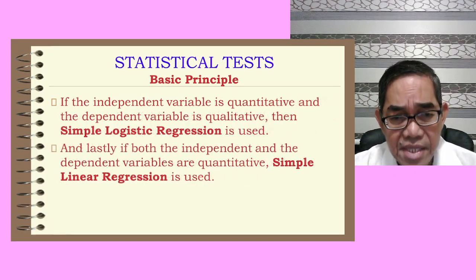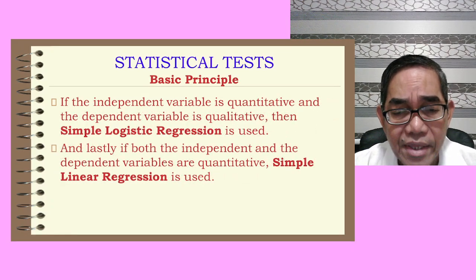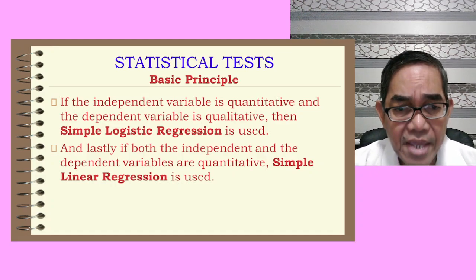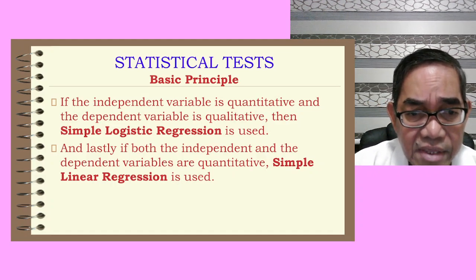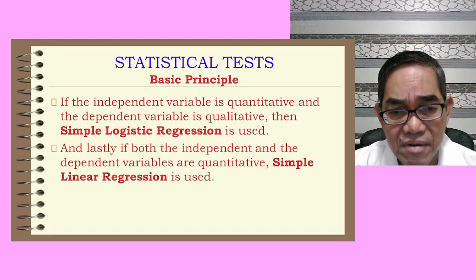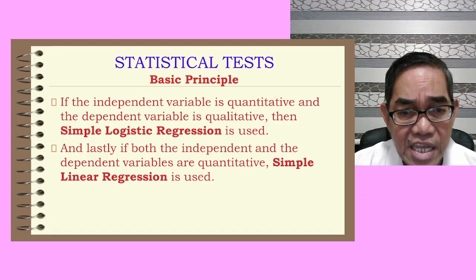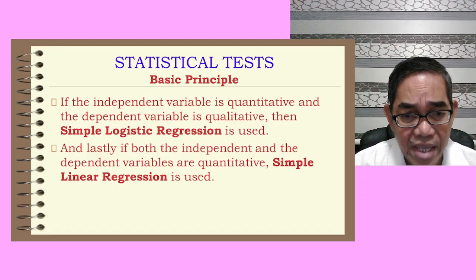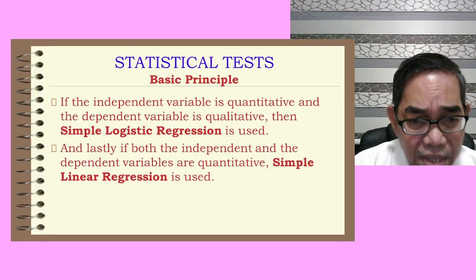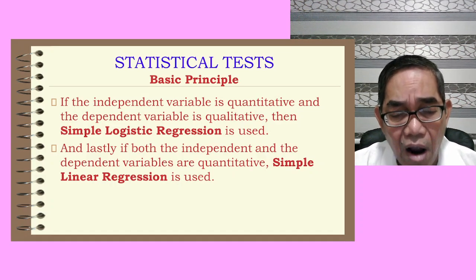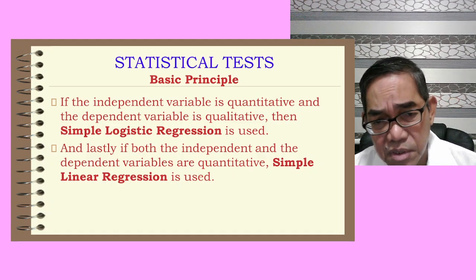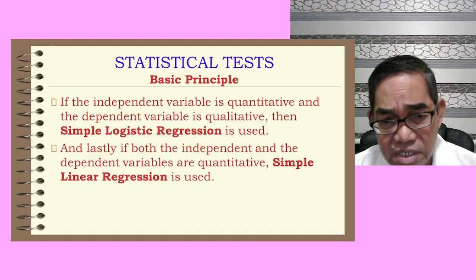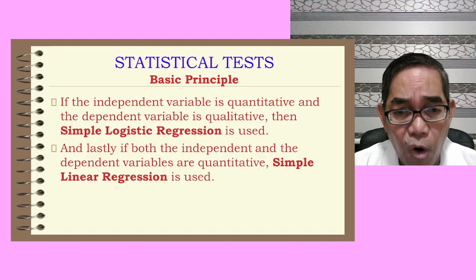Now, if the independent variable is quantitative and the dependent variable is qualitative, we just reverse that, then simple logistic regression is used. And lastly, if both independent and dependent variables are quantitative, simple linear regression is used. Pearson's correlation coefficient can also be used when we talk of correlation.